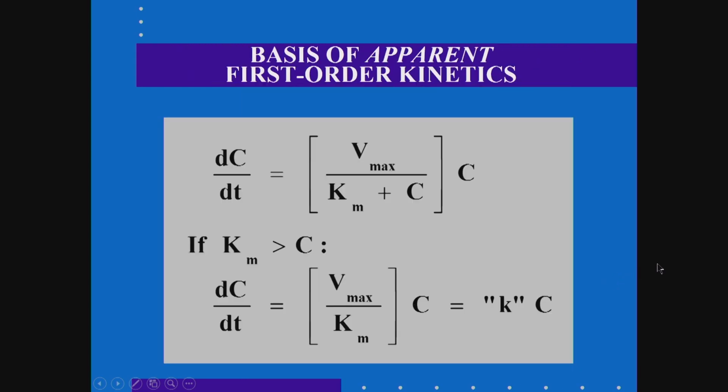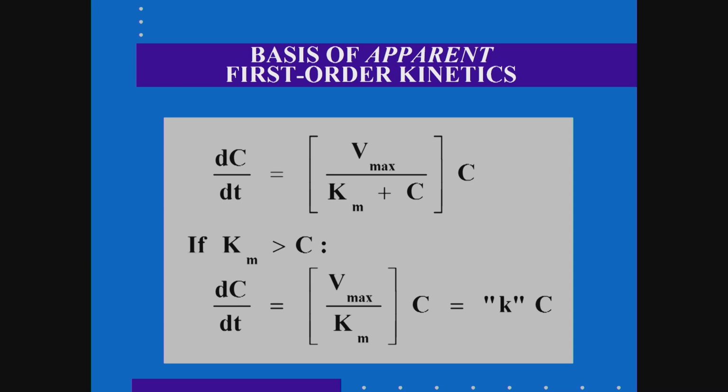And one thing, of course, that arises as a question is, well, there is a large number of drugs that are metabolized in the liver. So an enzymatic pathway is involved, and yet we do not see Michaelis-Menten kinetics for those drugs.